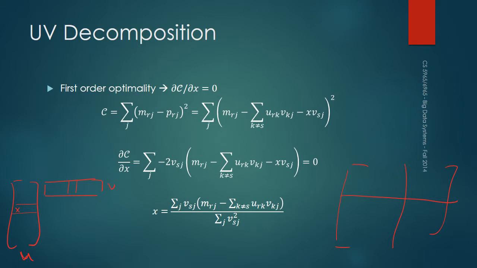And I'm doing it again and again and again. So if you were to implement this in a map-reduce sort of fashion, the amount of data that I read is too much for the amount of actual update. I'm doing one update, but let's ignore U and V for now, assume that they fit into main memory. But at the very least, I'm reading an entire row of M every single time, right?